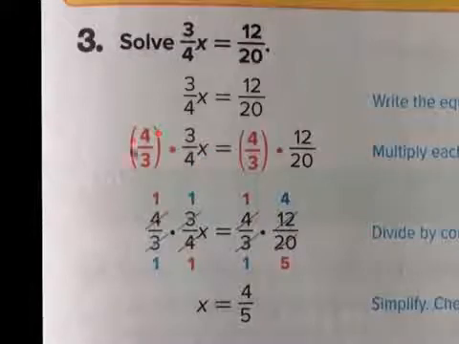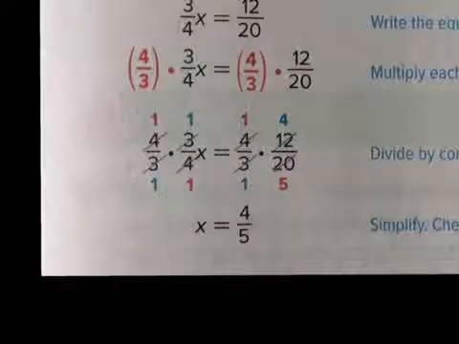If we multiply this side by 4 over 3, we must multiply the other side of the equation by 4 over 3. And when we do so, remember, you can cross-reference here. You have 1 and you have 5 here. You have 1 and you have 4 here, right? 1, 3, and 4 of them there. And then you have 1, 4 here and 5 of them here. And you see how that was crossed out. Okay, and then when you simplify, you have x equals 4/5.